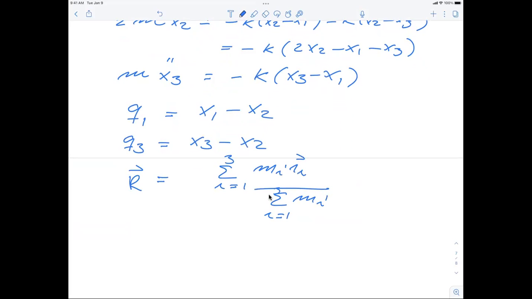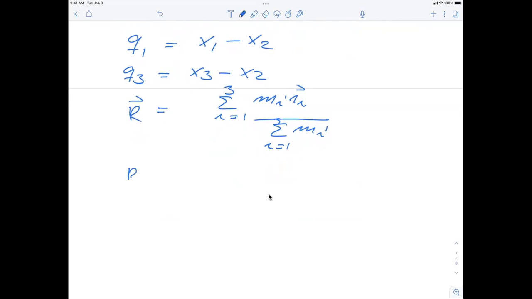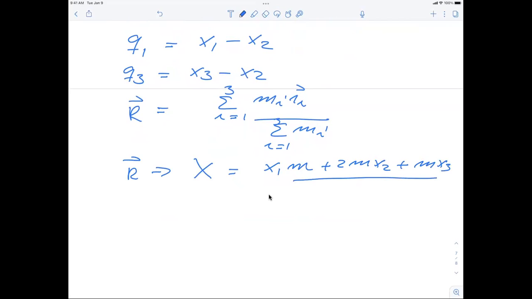Since this is a one-dimensional problem, r goes over to an x, and this is simply x1 times m plus 2m times x2 plus m times x3, divided by 4 times the mass. That means x is x1 plus 2 times x2 plus x3, divided by 4.